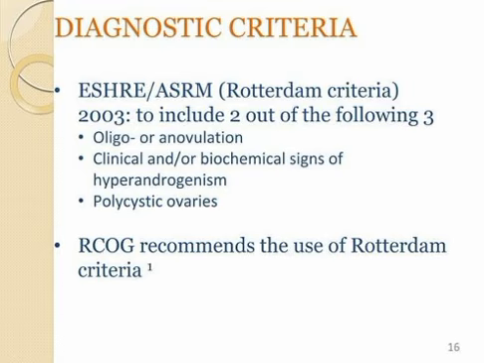The first will be oligo or anovulation. Next will be biochemical signs of hyperandrogenism, and the next will be polycystic ovaries. So if a person has both polycystic ovaries and hyperandrogenism, they may have a diagnosis of polycystic ovarian syndrome.